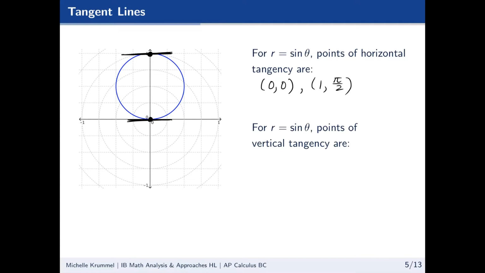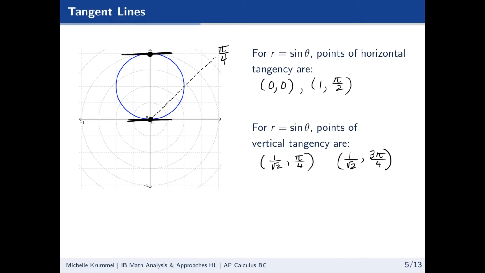Our points of vertical tangency were 1 over root 2, comma, pi over 4, and 1 over root 2, 3 pi over 4. And graphing those points, so pi over 4 makes a 45 degree angle here. So there's the pi over 4.